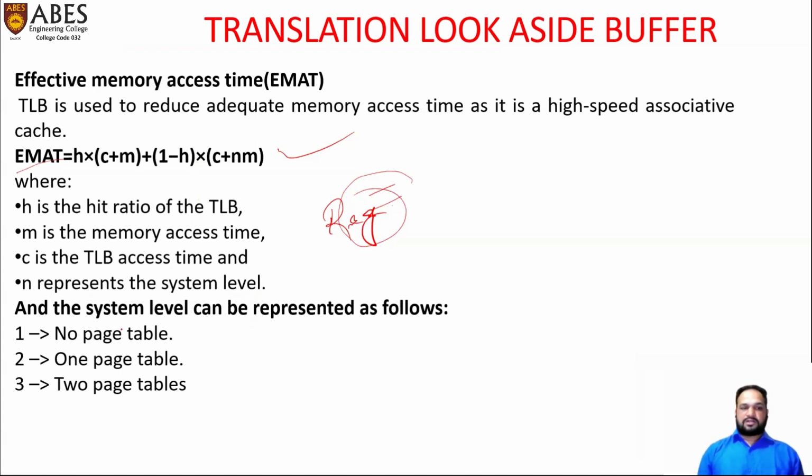Let's suppose system level 1 is used for no page table, level 2 will be used for one page table, and level 3 will be used for two page tables. So you can say that for level n, n minus 1 page tables would be required.